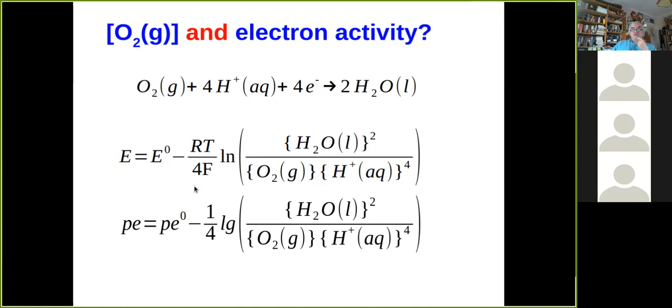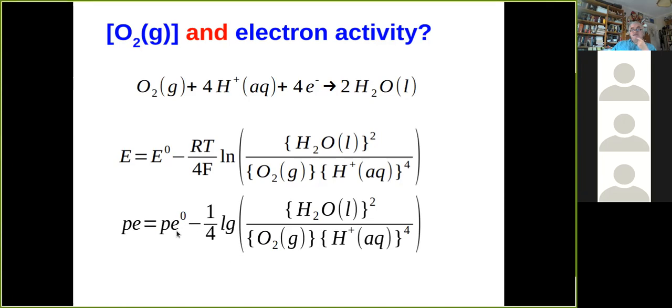If you instead use the other nomenclature with pE, it's a nearly similar expression, but you don't have the natural logarithm, you take the 10 logarithm, and there are no constants like T and F. The T is not a constant, it's a variable, and it seems to be absent here. It's just the number of electrons.